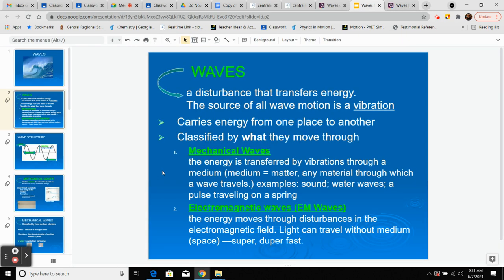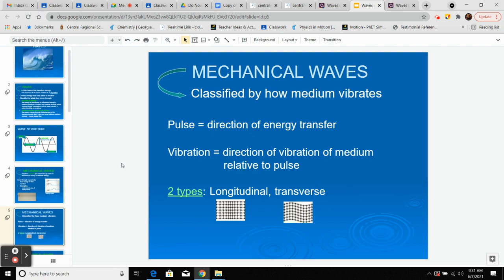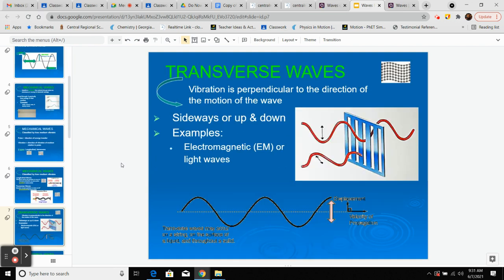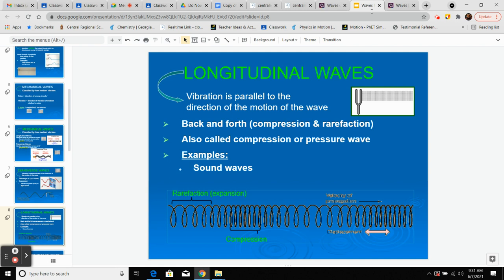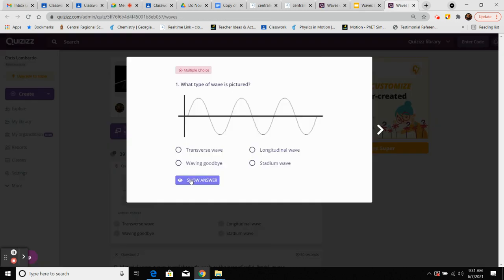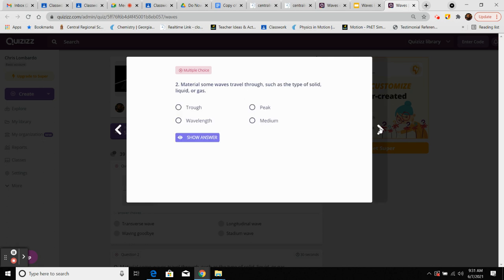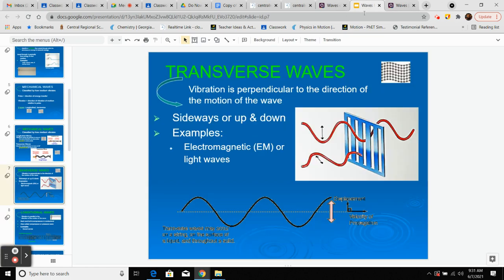What type of wave is pictured, guys? Transverse. And if I wasn't sure, just look at the photos. Transverse wave looks like this. Longitudinal wave looks like this. I'm thinking it's longitudinal. Nope, it's transverse. A material some waves travel through, such as a solid, liquid, or gas. I'm not sure, so let me go back.